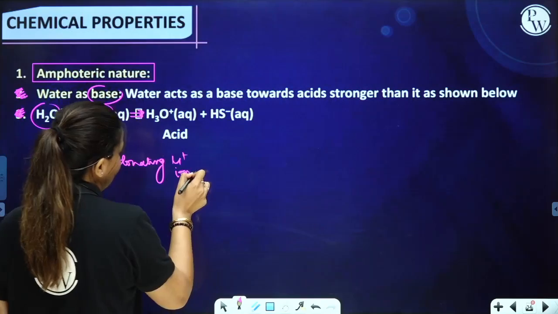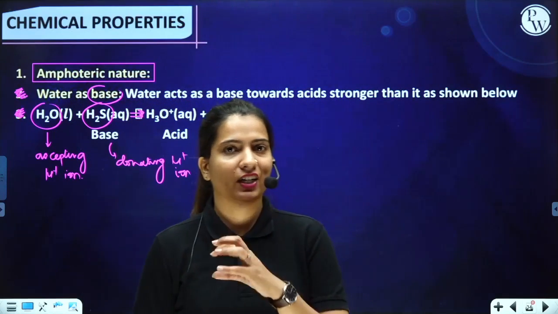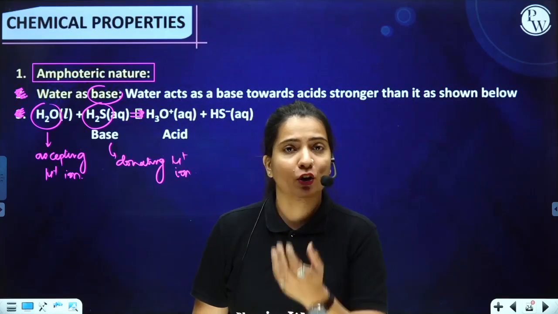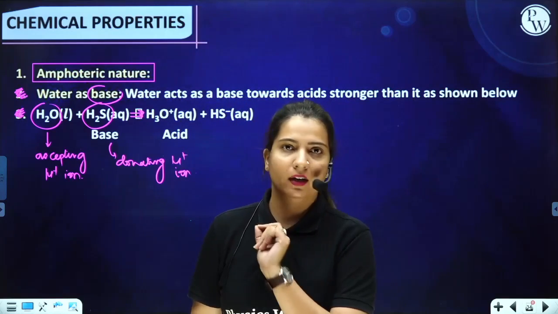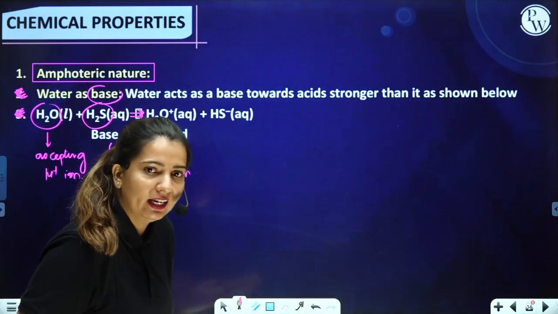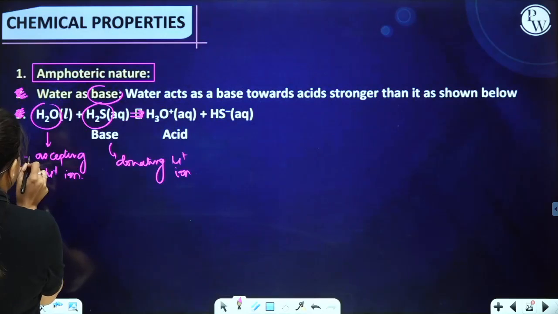You know that the Bronsted acid-base concept defines that if you are donating an H positive ion, you are an acid, and if you are accepting an H positive ion, you are a base. So if it is accepting an H positive ion, it is behaving as a base. That's why we are calling it a base.